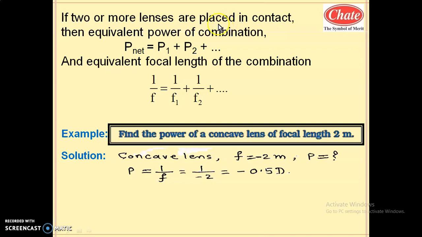Sometimes 2 lenses are kept in contact. In that case the effective power of the lens is the sum of the powers of the lenses. Suppose one lens of plus 3 diopter and another lens of minus 0.25 diopter are kept, it means net power will be plus 2.75 diopter.